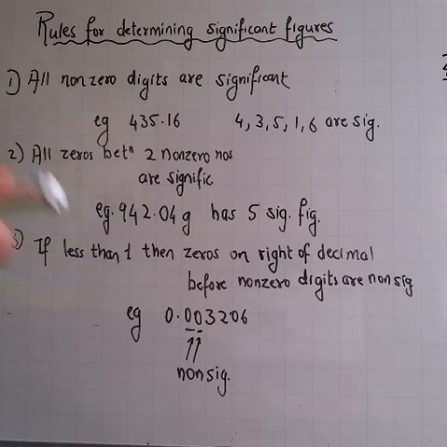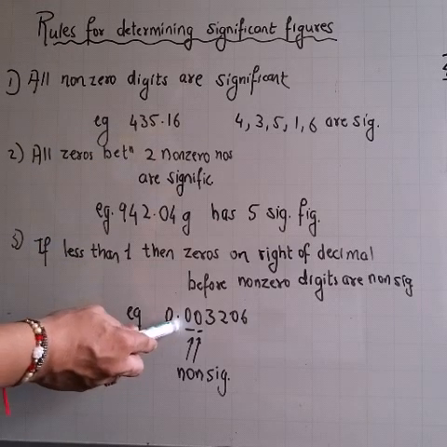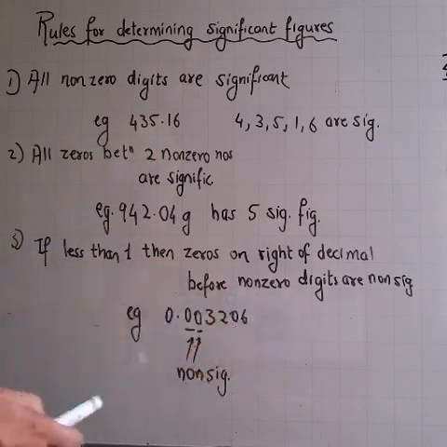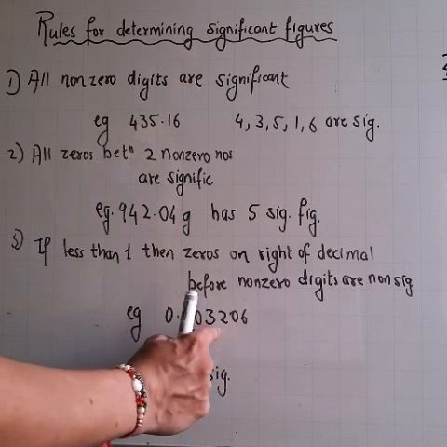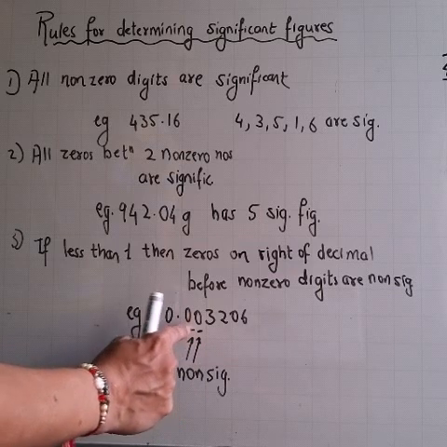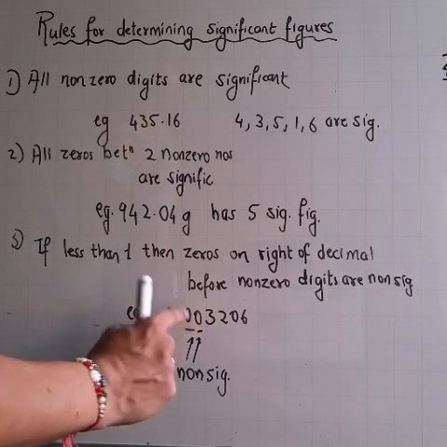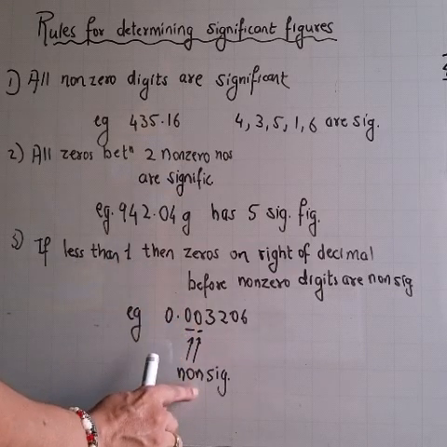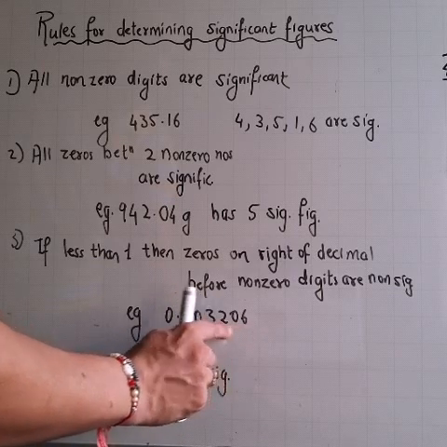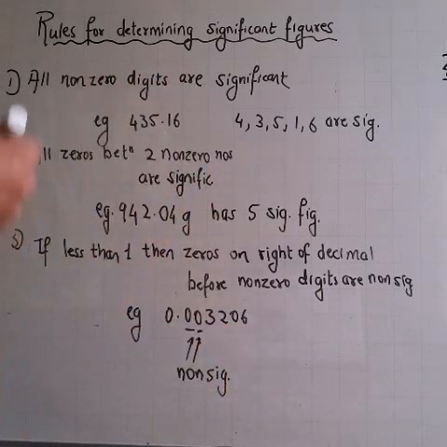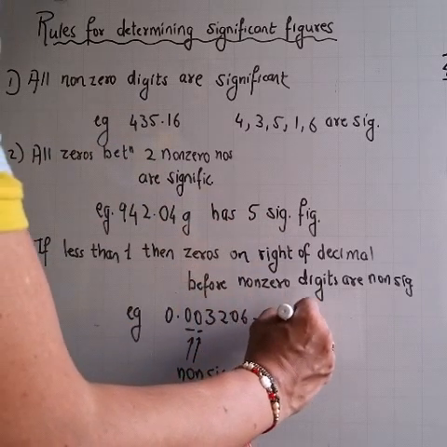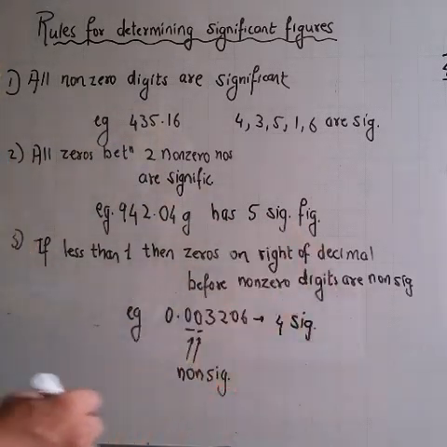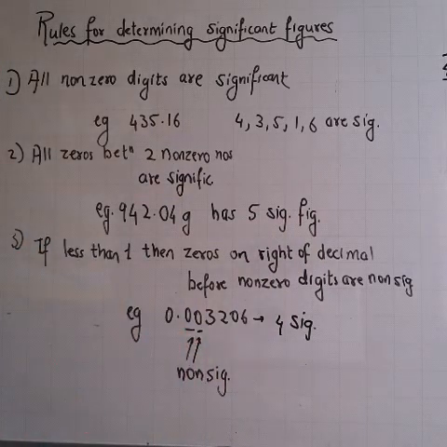Look at this value, 0.003206. To the right of the decimal, before the non-zero, how many zeros are there? Before this non-zero term there are 2 zeros, so these will be taken as non-significant, and these 4 will be the significant figures. So there are 4 significant figures and 2 non-significant figures here.